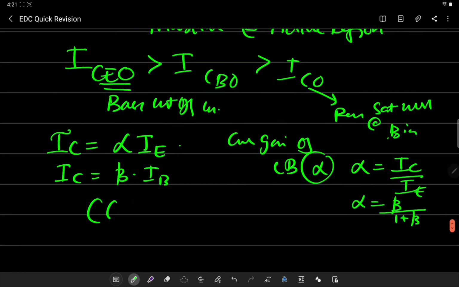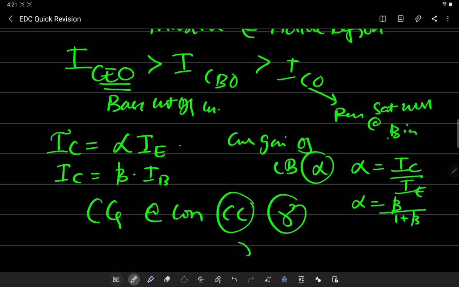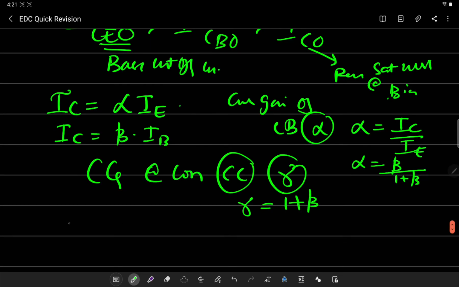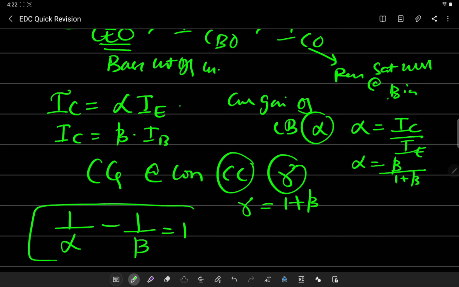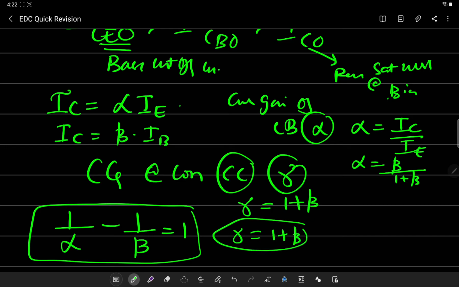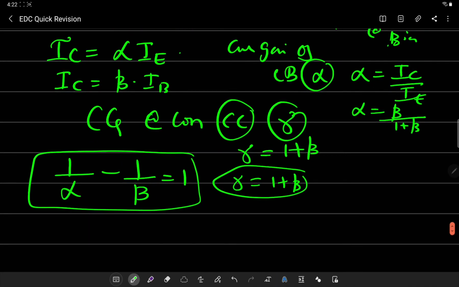The current gain in common collector is gamma, which is 1 plus beta. Or I can simply remember the formula 1 by alpha minus 1 by beta is 1, and gamma is 1 plus beta. Also remember, beta for DC analysis is always greater than beta for AC. Beta is nothing but current gain.